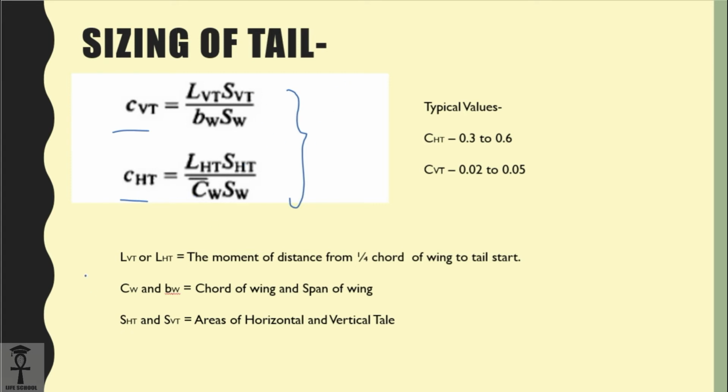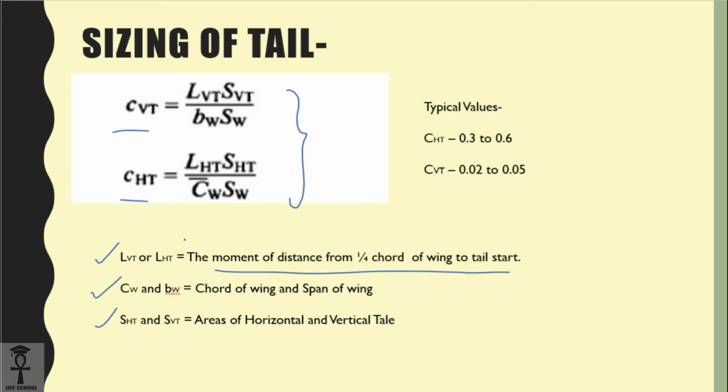Now I have written what the particular terms mean over here. So the LVT and LHT are the same distances in our case. If we are trying to have a different type of tail, then it may change. But these are the moment arms of our plane, and that is nothing but the distance from 1/4 chord of the wing to the start of the tail.